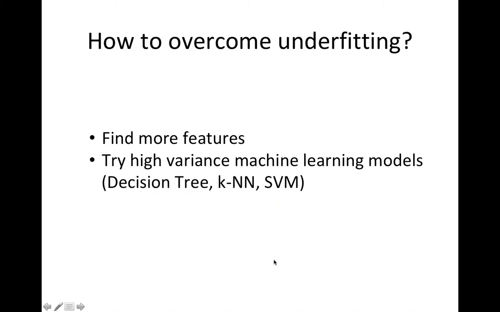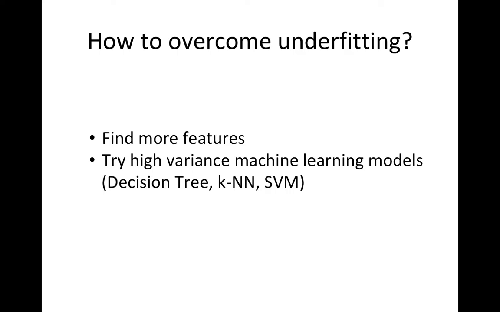So how do we overcome underfitting? Now we know overfitting and underfitting, so it's time to understand how to overcome underfitting first. Well, you already saw how to overcome underfitting, right? When we taught the machine that the round shape is the ball, it was a high bias model and was underfitted.